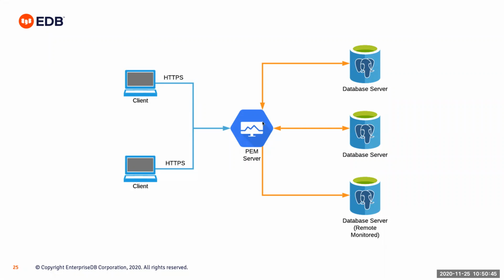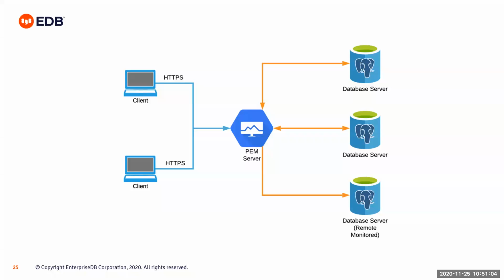So the PEM server is gathering some of the metrics, the ones that are available, since it has a connection to the database itself.